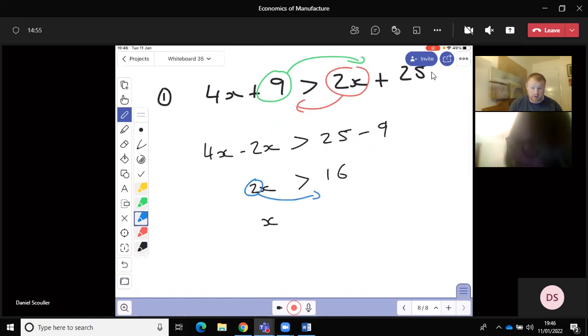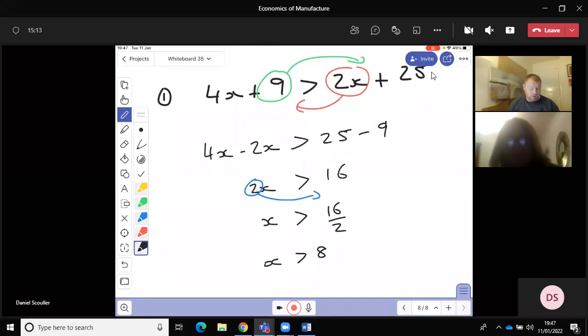It's a multiple on the left-hand side, so it becomes a divide on the right. x will be greater than 8. So our solution will be a number for x that's greater than 8. Anything below 8 won't be right. That's what that's telling us. All the way through that, because we were never dividing by a negative, that greater than sign stayed the same.